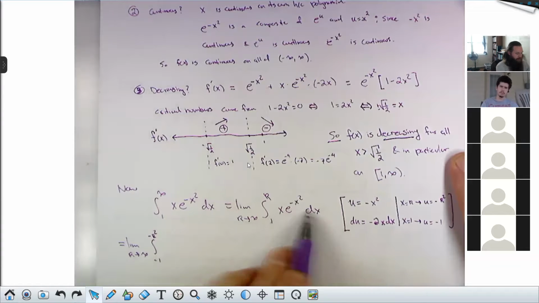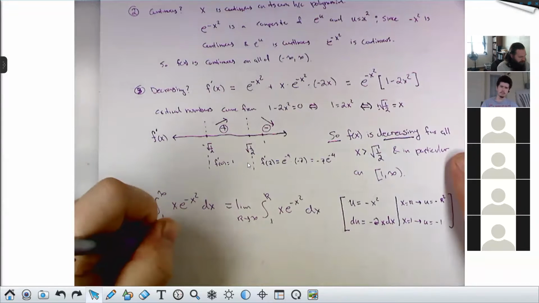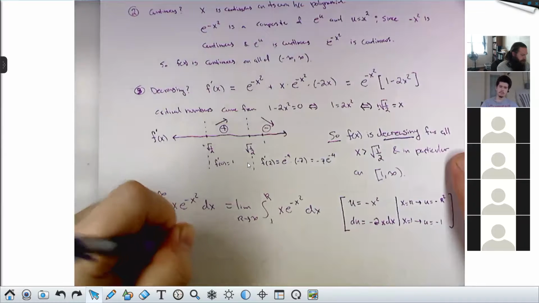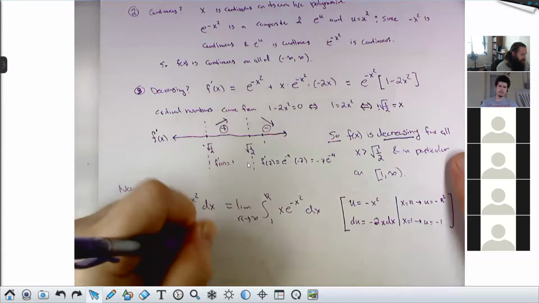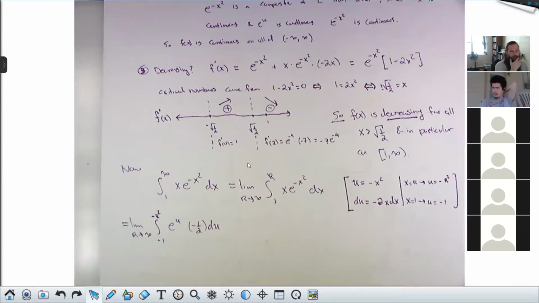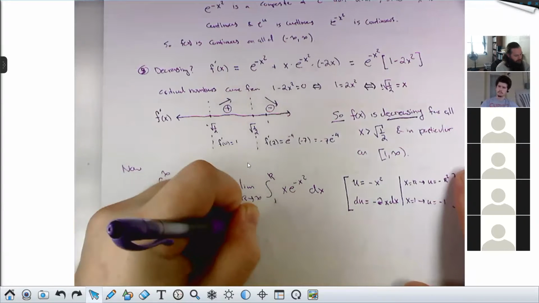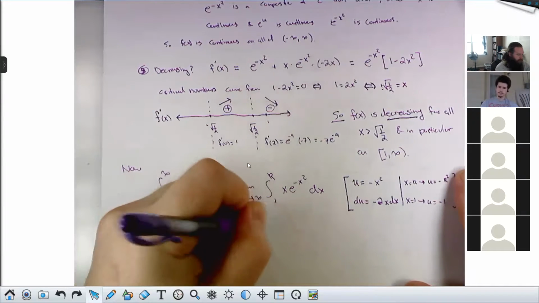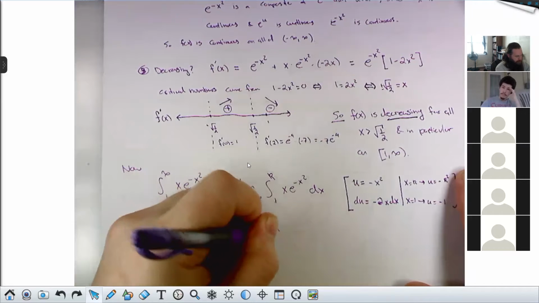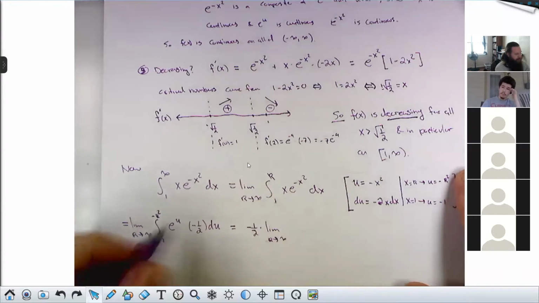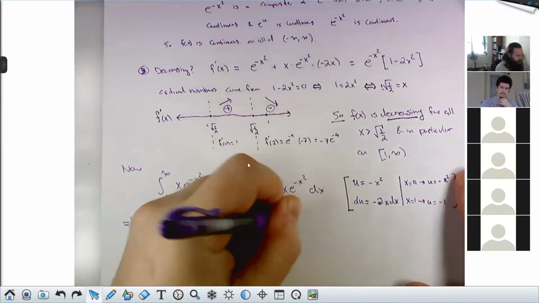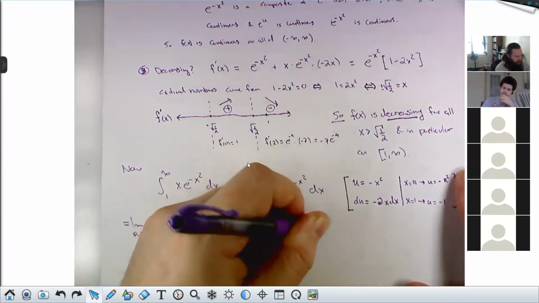So my new integral will have the limit as r goes to infinity, integral from -1 to -r squared. The x dx gets soaked up by du. I'll have a -1/2 come out, and then here is just e to the u. So I have e to the u times -1/2 du. Just one of the reasons why our integration skills are so important. I can pop out the -1/2, which can come all the way up past the limit. And I have the limit as r goes to infinity of the integral from -1 to -r squared of e to the u du.